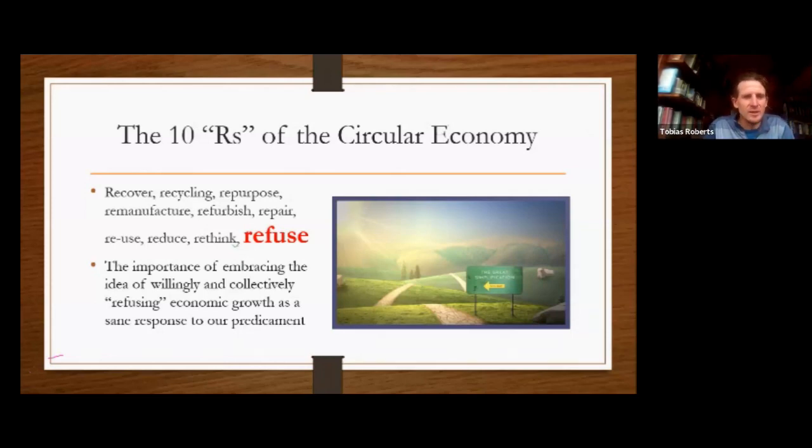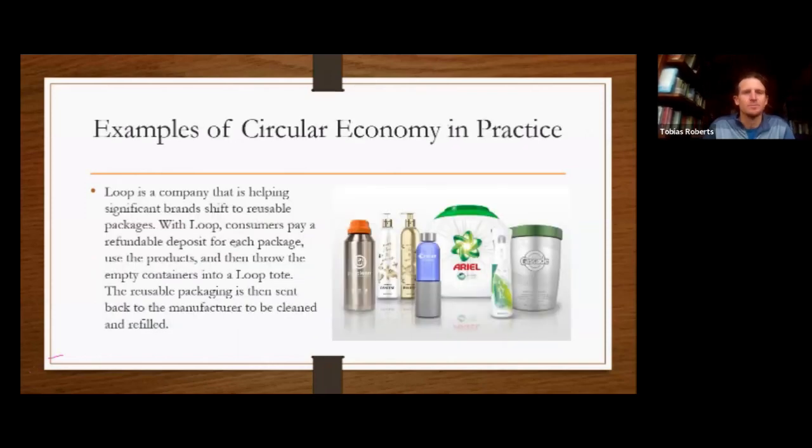And then also there's an extremely important part of embracing the idea of willingly and collectively refusing economic growth. That, I think, is the same response to our predicament. We need to learn to degrow, find happiness and meaning in things outside of consumption, and share what this world produces. Share it with people who are more than just us, right?